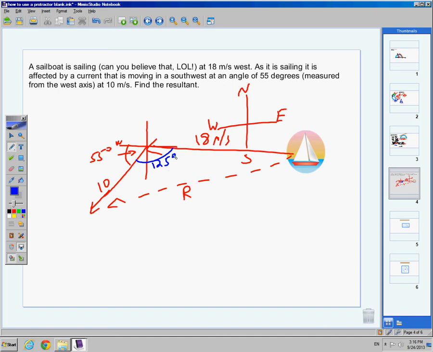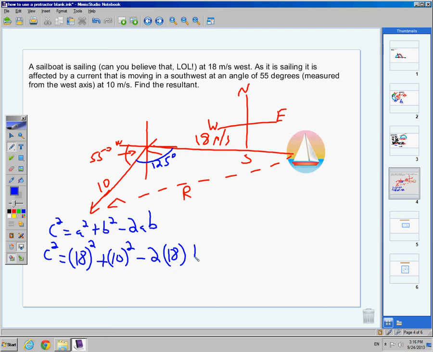And by using law of cosines, I know that c squared equals a squared plus b squared minus 2ab. C squared equals, we're going to use line A, which is 18, I'm going to leave out units, squared plus 10 squared minus 2, 18, 10.